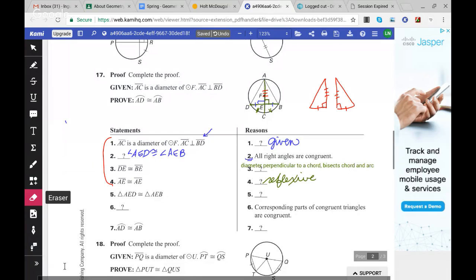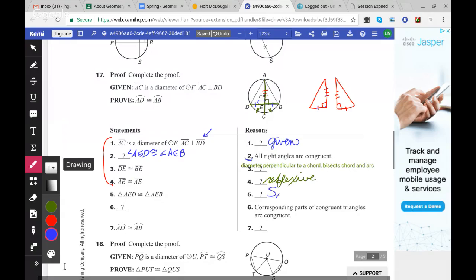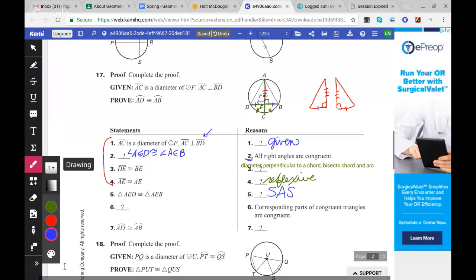So all the legs are congruent and the angles are congruent, and the angle is between the two sets of legs, right? So side, angle, side. Oh my gosh, throwback. Hang on one second. All right, sorry. Yes, side angle side.